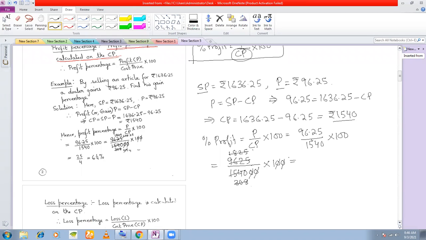That is why we are getting 308. 9625 we are cancelling again with 5 to get 1925. Okay, now 308 should cancel. Let's try with the minimum one. 154 cancels with 2, but then 1925 will not cancel. 3, will it cancel? No.